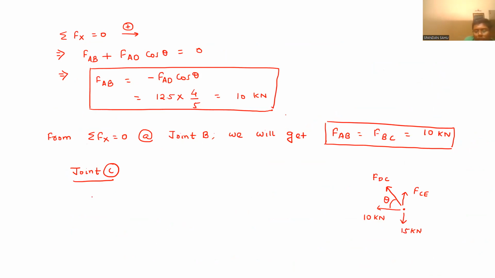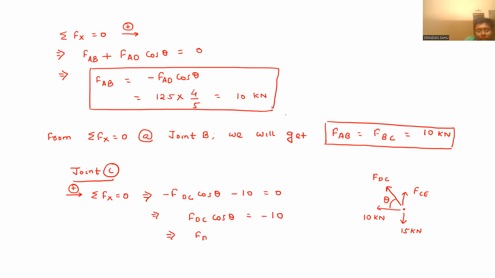Now we can do summation of force along x equal to 0. From here, what will we get? Let this direction be kept as positive. So minus FDC cos theta minus 10 equal to 0. This implies FDC cos theta equal to minus 10.